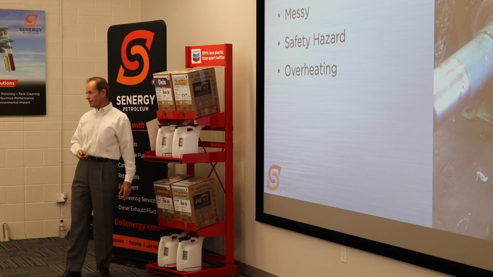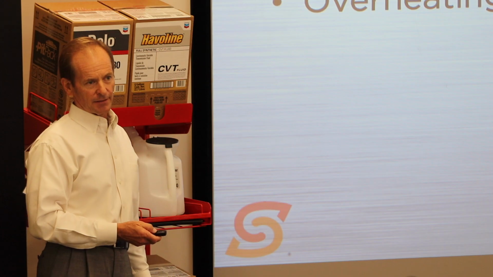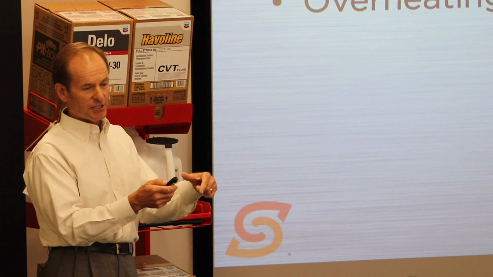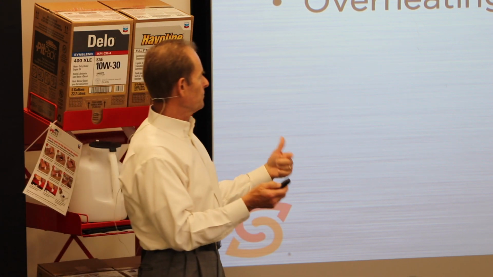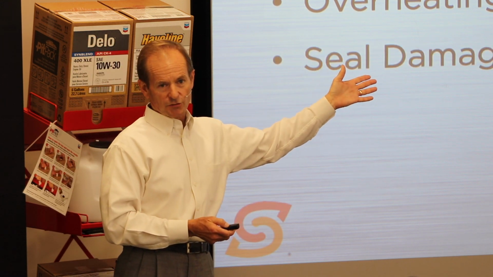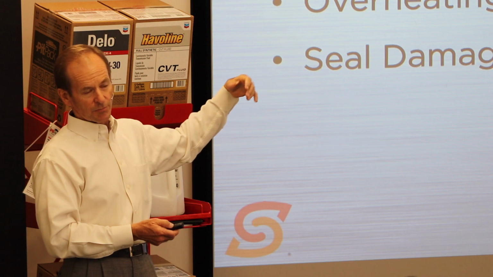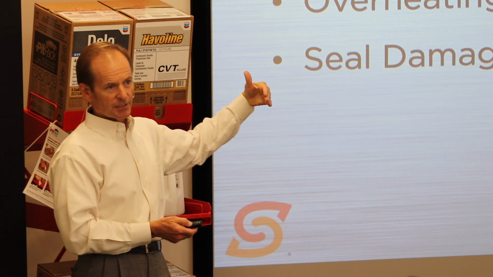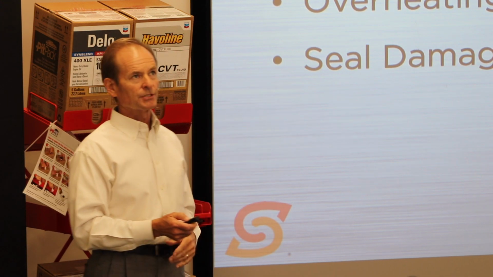Over-greasing can lead to overheating or even complicate overheating, because you're churning too much grease. And excess grease around there acts as insulation, so your bearing temperatures could be getting hotter than they ought to. Then we mentioned before with our electric motor, we can do seal damage. You can blow out the grease seals on any grease lubricated item, not just electric motors.